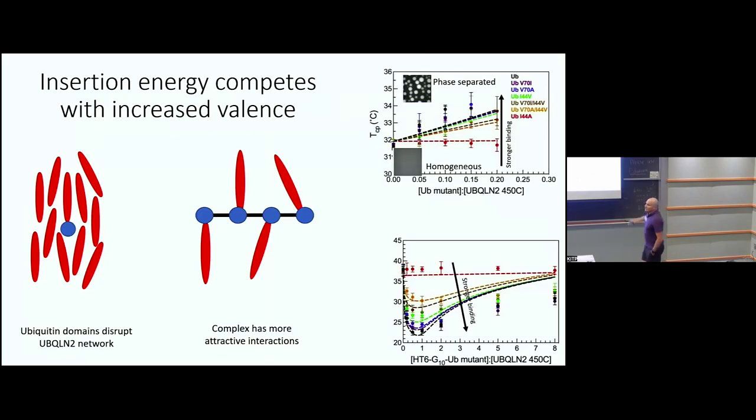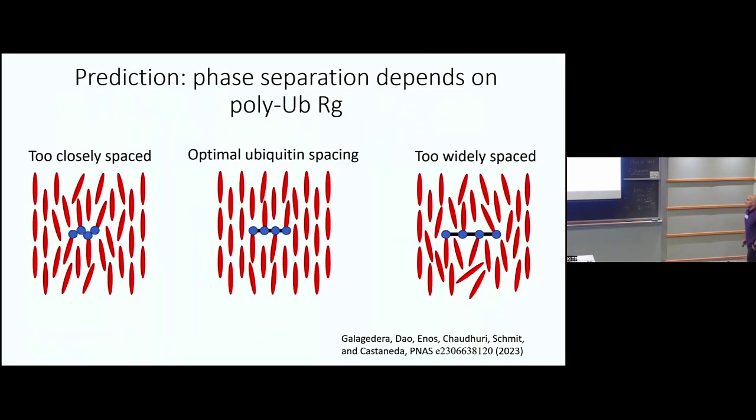On the other hand, if I have a polyubiquitin chain, then I get this enhanced valency effect, and this construct is going to have a higher net driving force for phase separation than an individual ubiquilin. And this model does a pretty fantastic job of describing what he was seeing in the experiments.